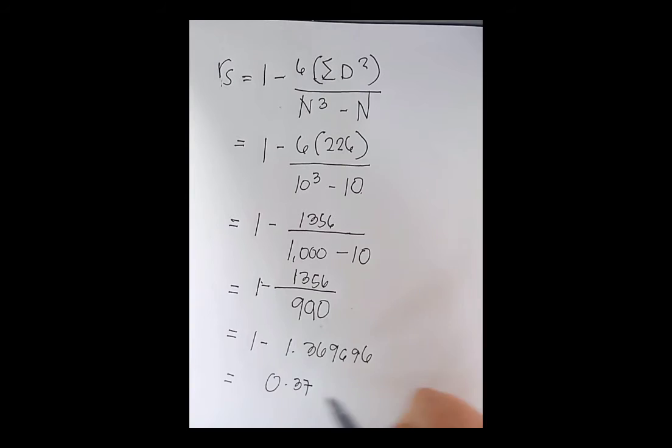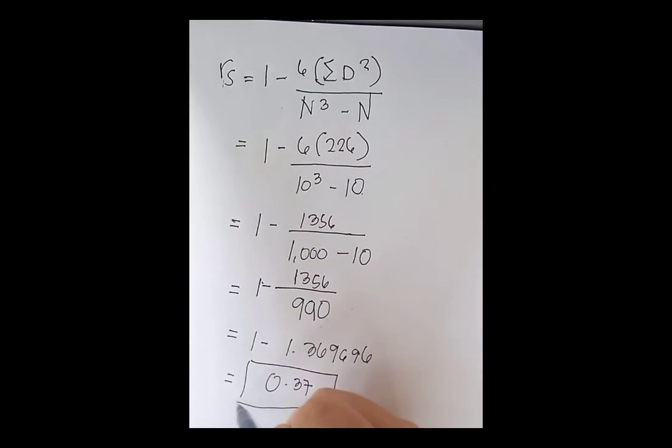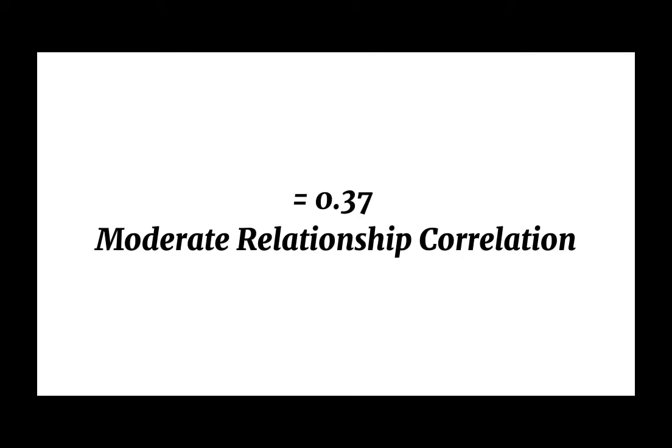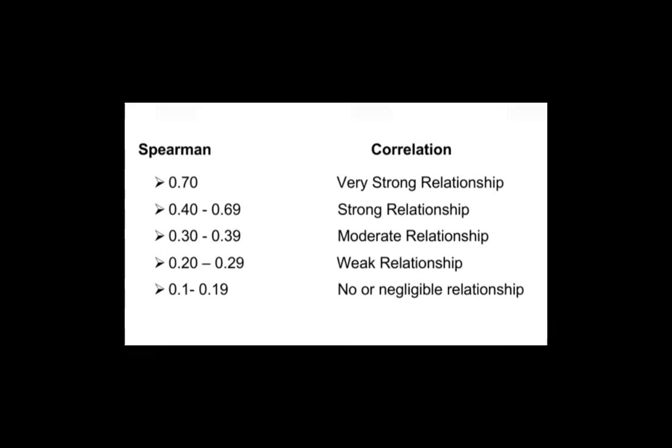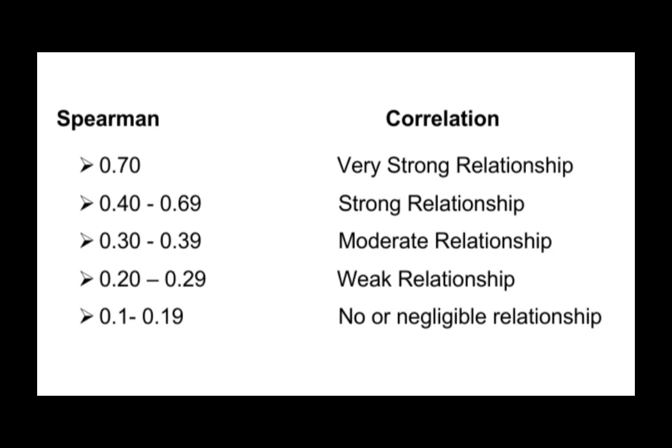So our Spearman rho is 0.37. So our Spearman rho is 0.37, which means a moderate correlation between physical activity and blood pressure. So this is the description of our result.